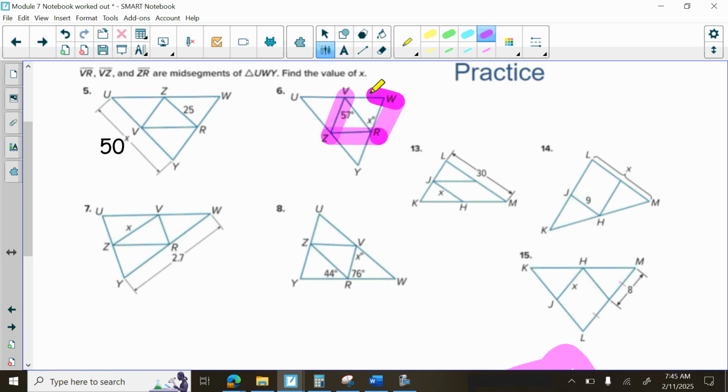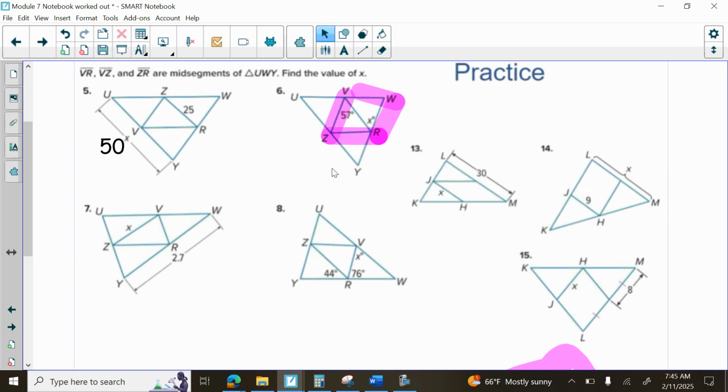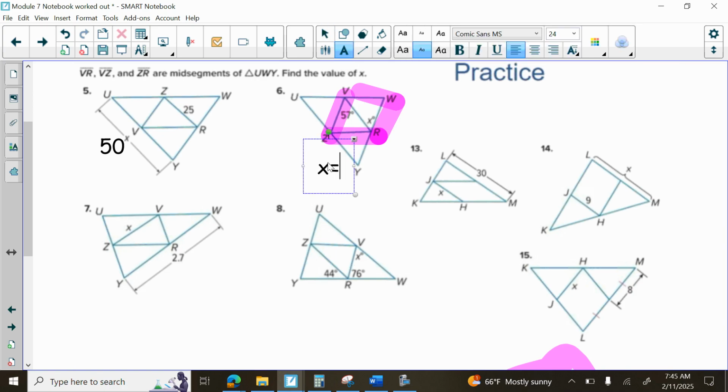It'd be 57, because those are alternate interior angles. So x would equal 57 degrees. You have to see that it's a parallelogram and that those two angles are alternate interior angles. You understand?